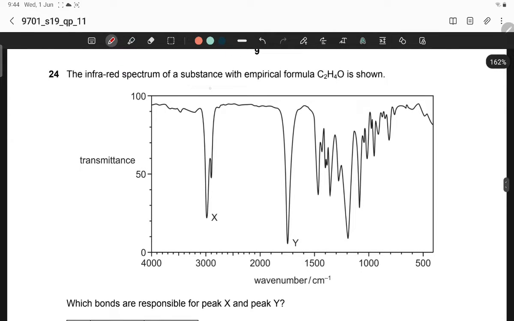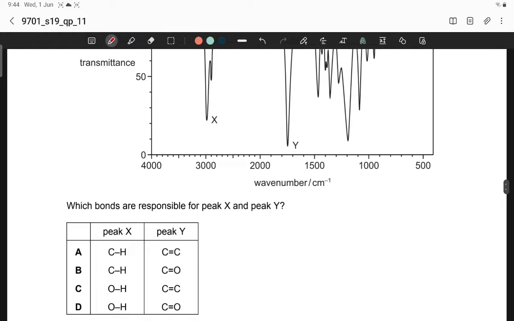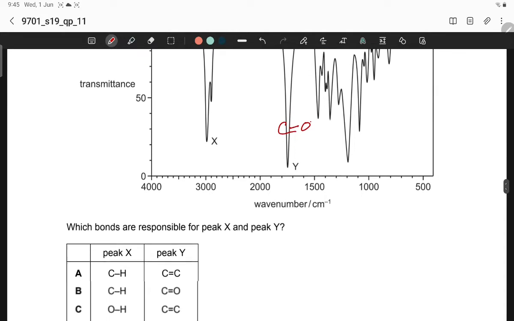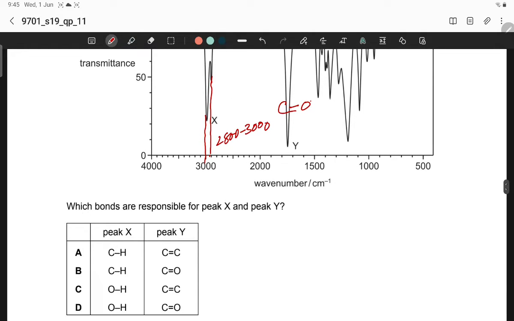The infrared spectrum of a substance with empirical formula C2H4O is shown. Which bonds are responsible for peak X and peak Y? Peak X is C double bond O, and at 2800 to 3000, the peak is for CH.